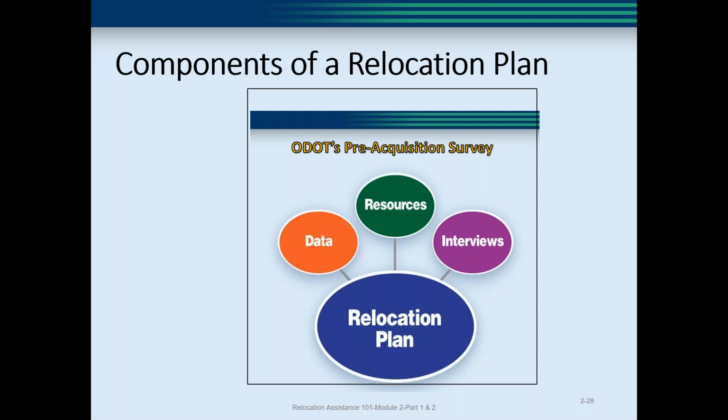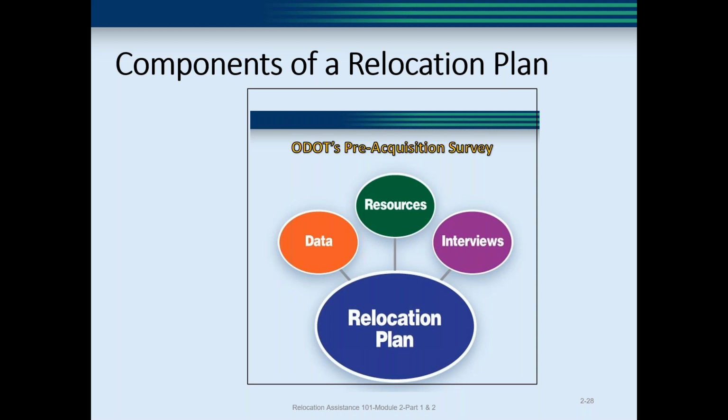In the conceptual stage, you're still planning. You have multiple alternates. By the time you get to the point where you are interviewing, you already have your route, you are putting together the relocation plan. So ODOT's pre-acquisition survey is the relocation plan.